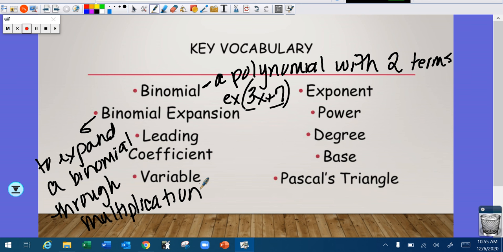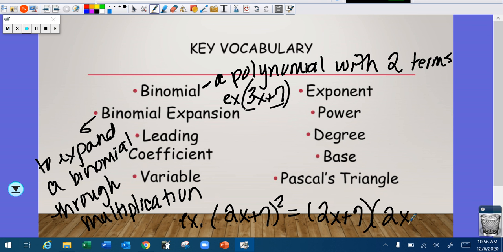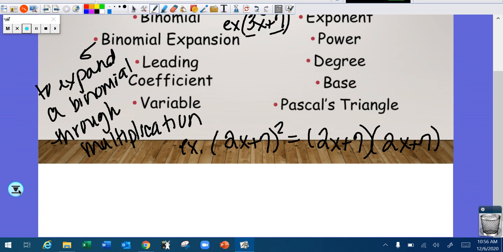Alright, it's to write a binomial in an equivalent form. So here's an example. This is my base, which is 2x plus 7, and that exponent up there tells me to write that 2 times. A binomial expansion would be me multiplying this so I can expand that binomial out.